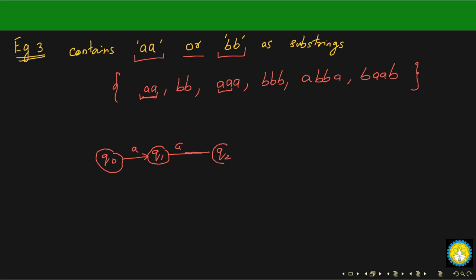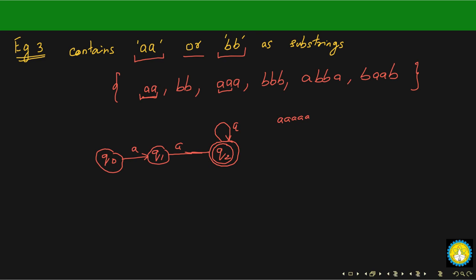Q2 by itself has to be a final state because it has to accept AA. Any consecutive patterns of AA should also be accepted, so I will have a transition on A that stays at Q2 from Q2 itself. From here, if I'm getting any patterns of A, I will be staying in Q2 itself.